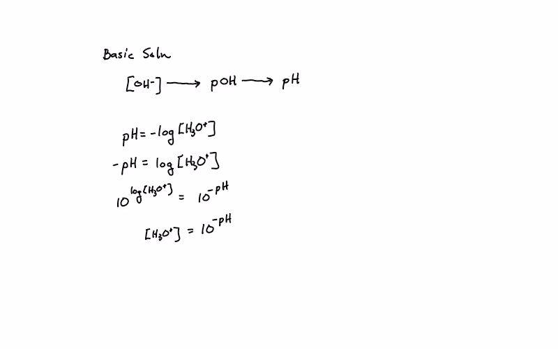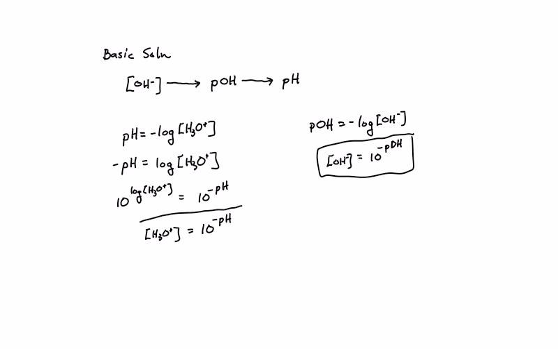We can do the same exact thing with pOH. pOH is equal to the negative log of the concentration of hydroxide. Okay, so the concentration of hydroxide is going to be equal to 10 raised to the power of the negative pOH. Okay, so these are very handy formulas to have at your disposal when you're trying to convert back and forth.